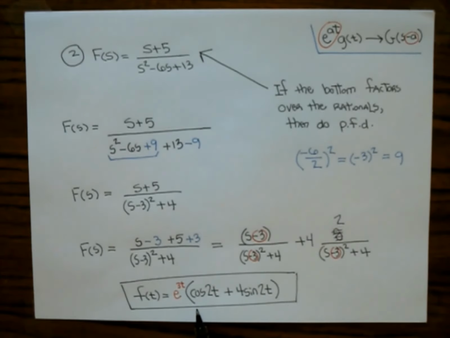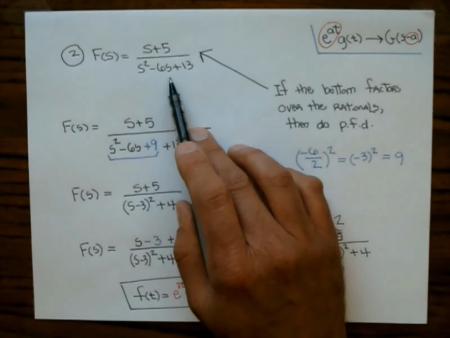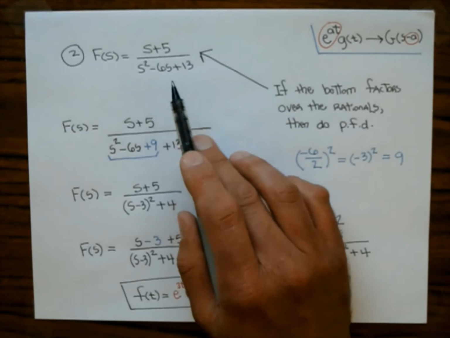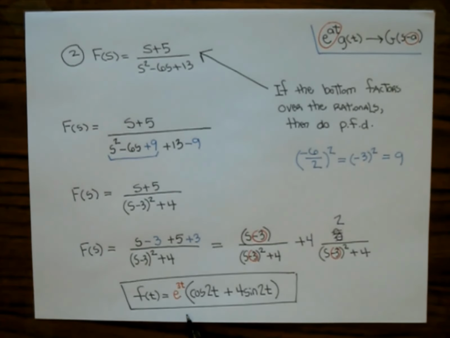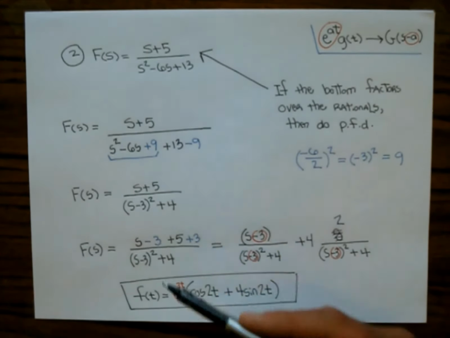So here's the cool part: you could actually cover up all the work that you've done, take this answer and do the Laplace transform, and you should be able to get that for your answer. And that will be the case. So if you're studying for the exam and you want to do one that you didn't already do, you can take one of your answers and do the opposite direction.